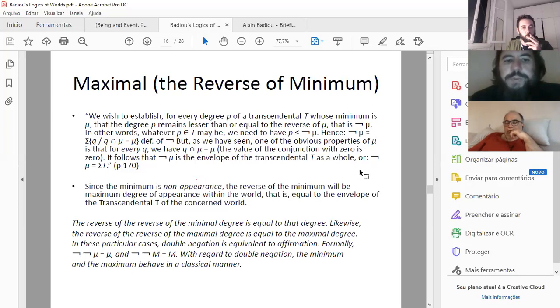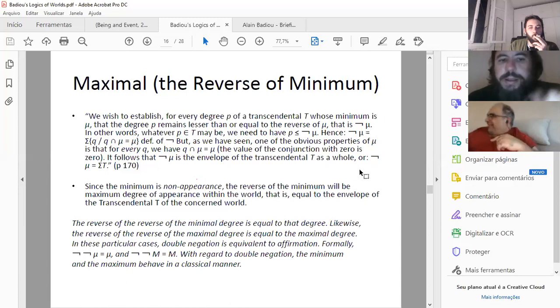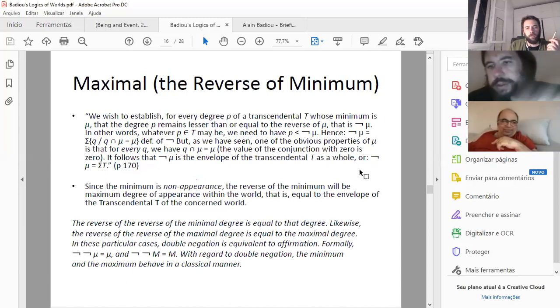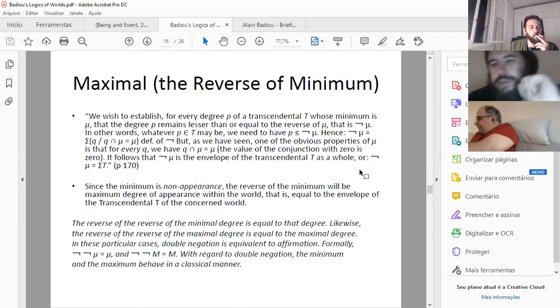By this definition, the minimum is non-appearance. We could be led to think the reverse of the minimum will be appearance itself, like everything, the universe set of the concerned world, but which is not the case. It is the envelope of the transcendental, which is the maximum.